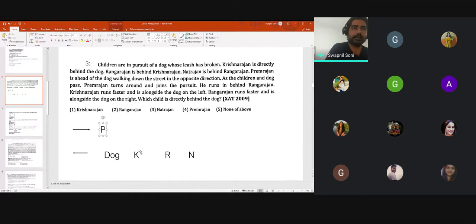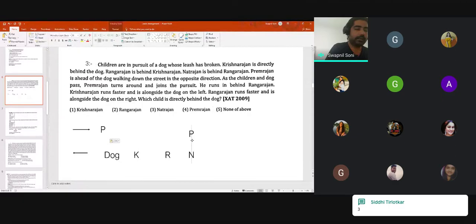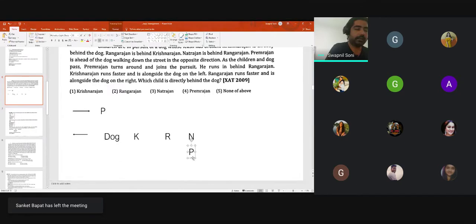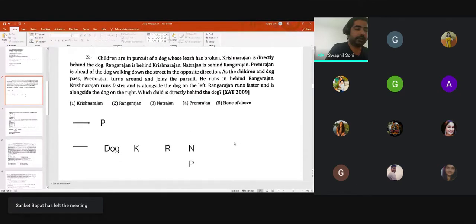Again, I don't know exactly whether he is behind N over here or over here. He could be here too because even this is behind Rangarajan, and over here too. So I'll just place it somewhere over here at the top. This tells us both N and B are behind R.